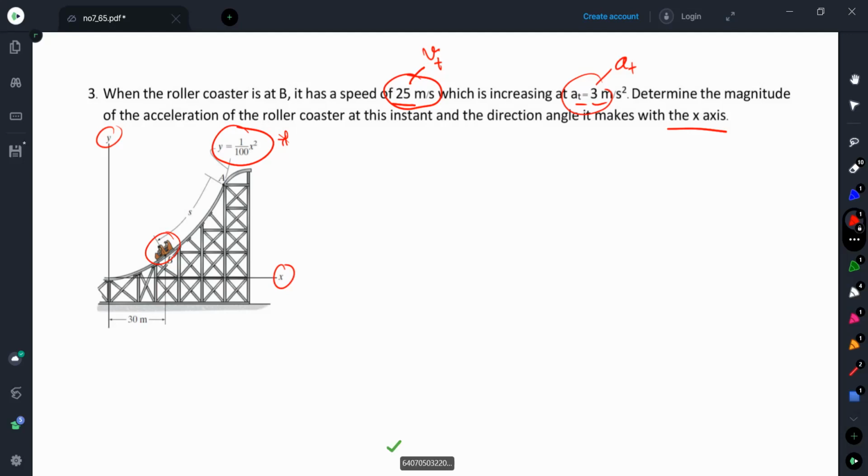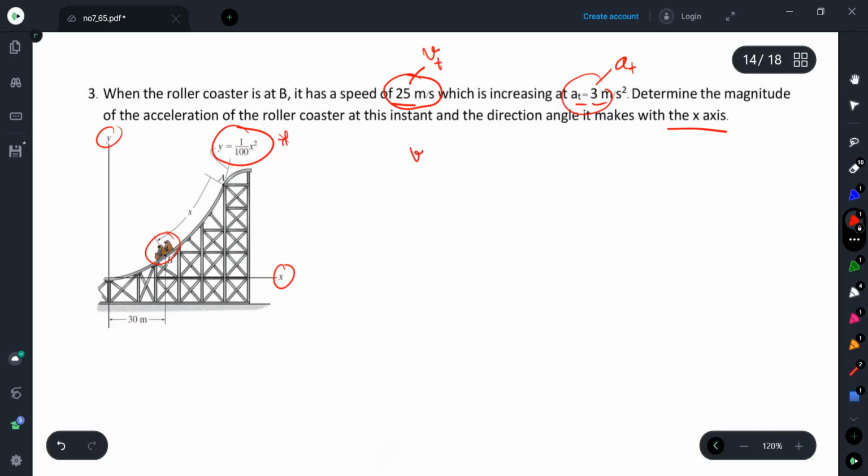If we solve in X and Y, you will find it may be hard. When we would like to find the acceleration in X and Y, if you know the velocity vector, the acceleration vector is equal to dv by dt, right?